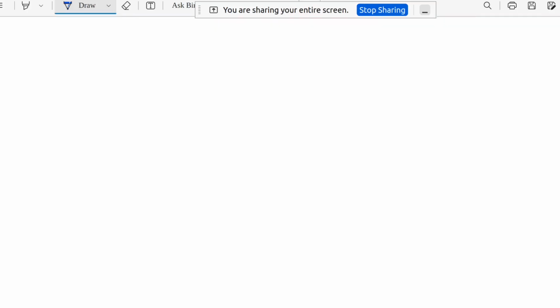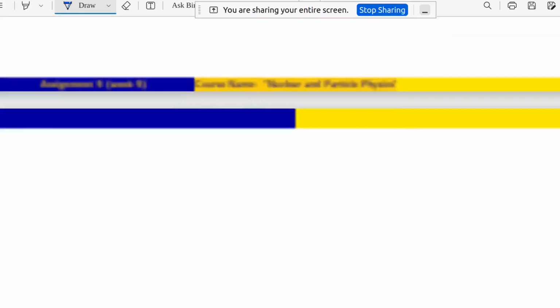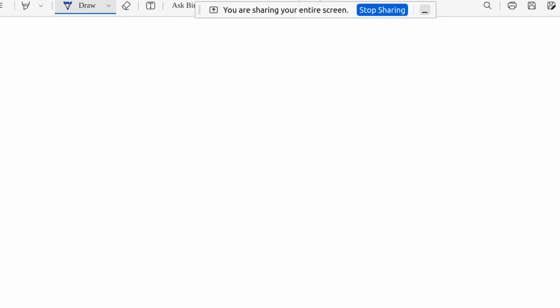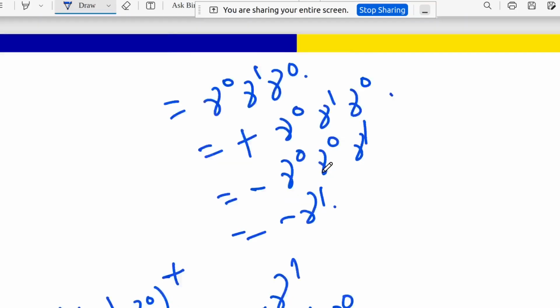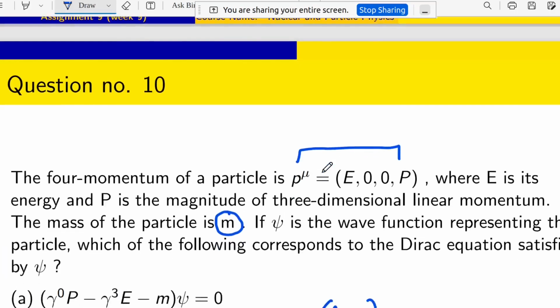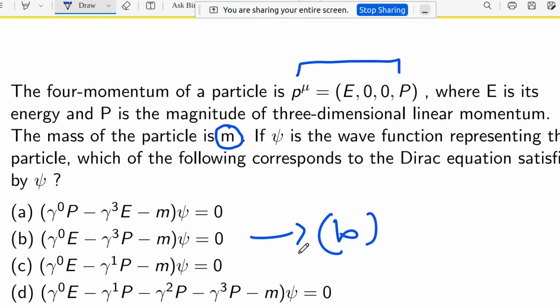And in that next question, where is it? Okay, it is already there: A and C. And coming to the last question, the answer will also be B. So these are the questions. They were taken from the previous year assignment 9 question paper.